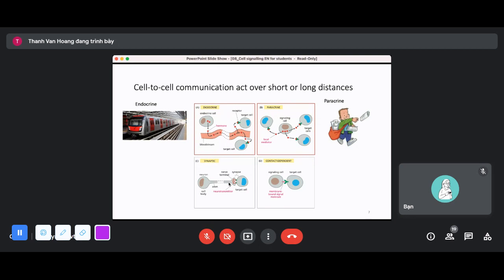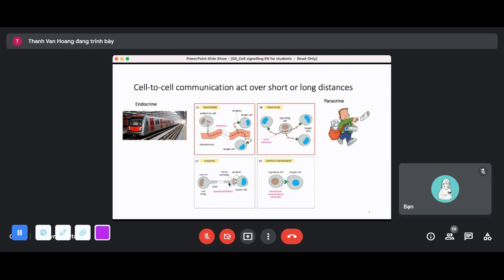For example, adrenaline. When we are in danger, our body secretes adrenaline to help us fight against the dangerous stuff, to protect ourselves. That's why we can survive. In this dangerous situation, our body has to act very quickly. The signal cannot be transported through the endocrine system, because it takes minutes or even hours.